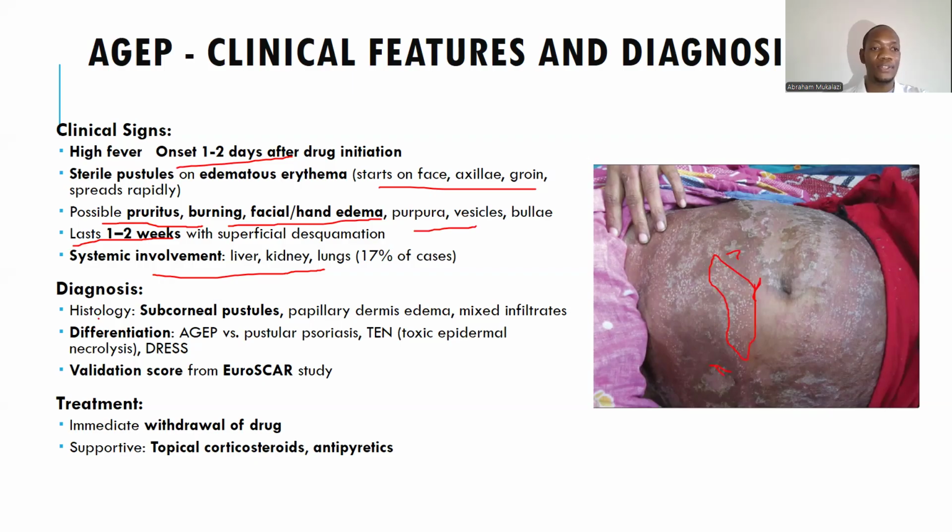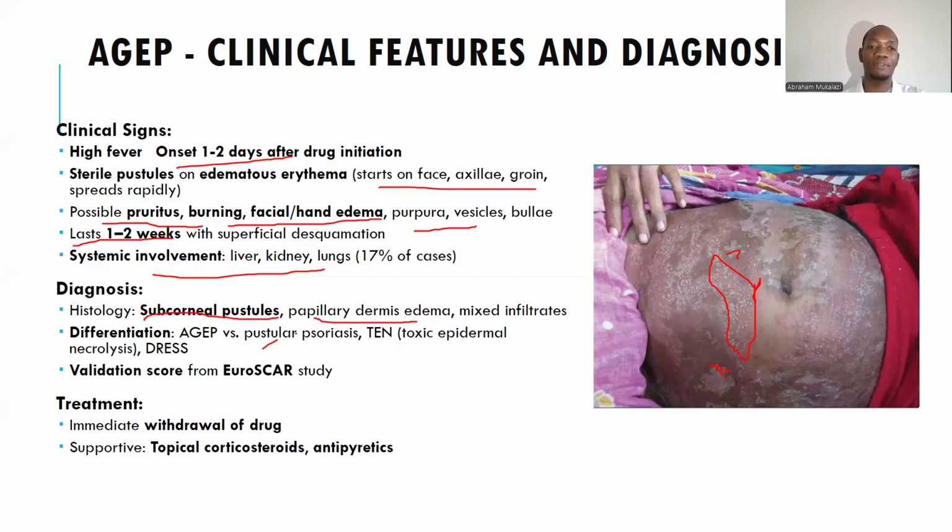In the diagnosis, if you do histology, you will see subcorneal pustulosis, just like in pustular psoriasis. The same thing we usually see in other neutrophilic dermatoses, but in this case, you have a drug history, so you can correlate the clinical with the histological findings.